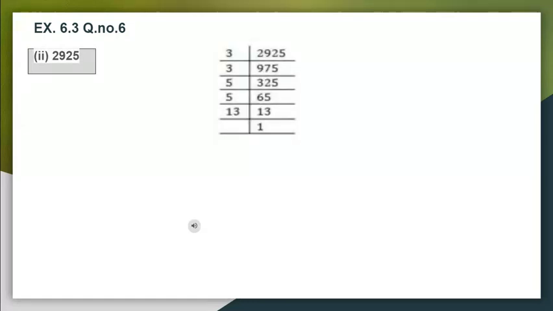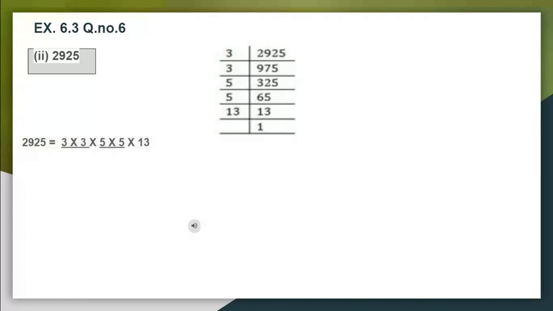Continuation of question number 6. Second number, 2925. Here also first we have to factorize. After factorizing, we get 2925 is equal to 3 into 3 into 5 into 5 into 13. Isn't it? Here also 3 and 5 are having pairs. 13 doesn't have one, so we have to divide the given number by 13.